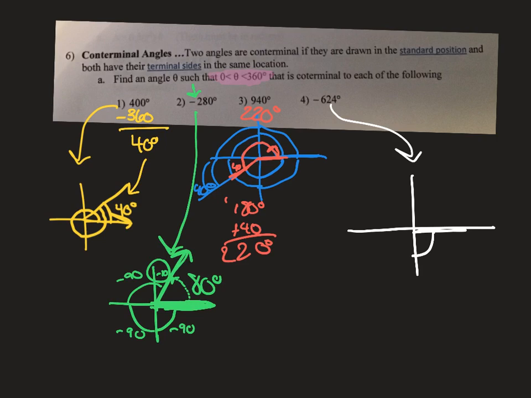So here's a negative 90, negative 180, negative 270, negative 360, negative 450, negative 540. If I went all the way here, it'd be negative 630. I don't want to go all the way here because I'm only at my 624.